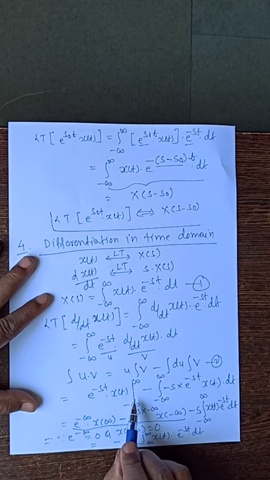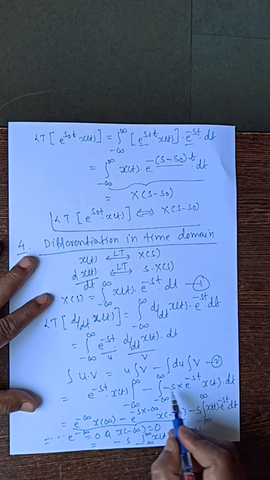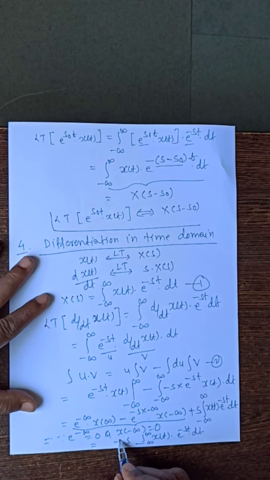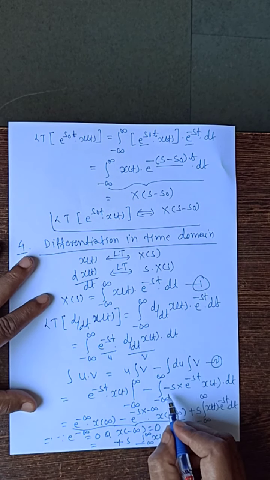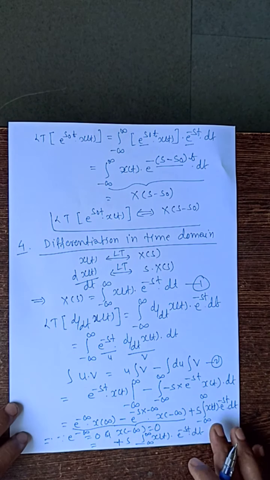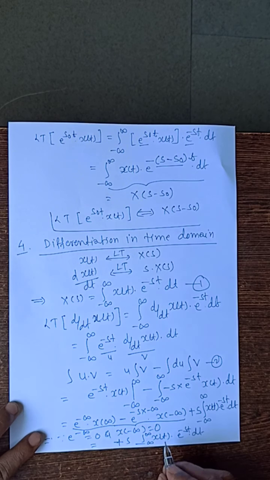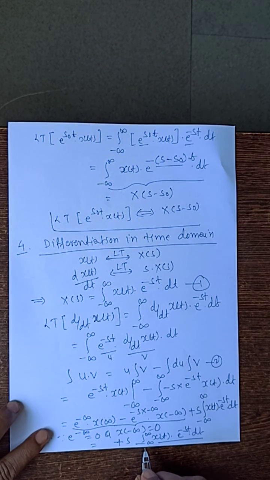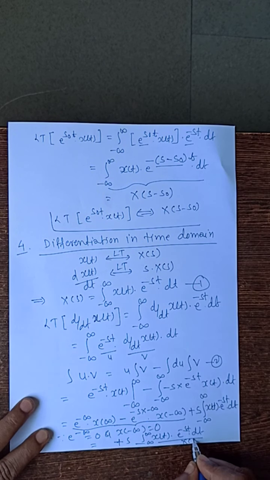Now the minus sign here and this minus sign become plus. So minus of minus s is plus s. And what is this? Integral from minus infinity to plus infinity x of t e raised to minus st dt. This is the Laplace transform of x of t, that is equals to X of s. So s into X of s.